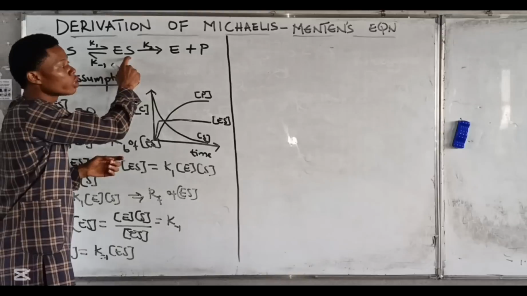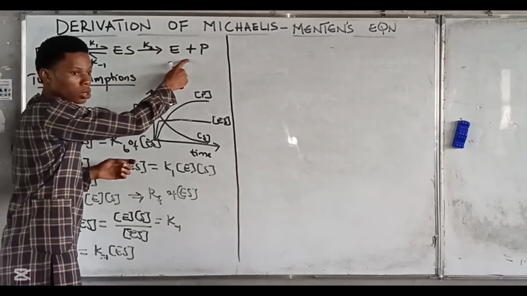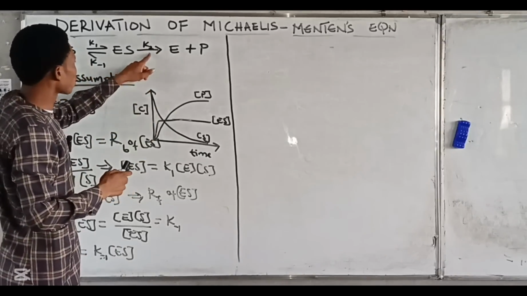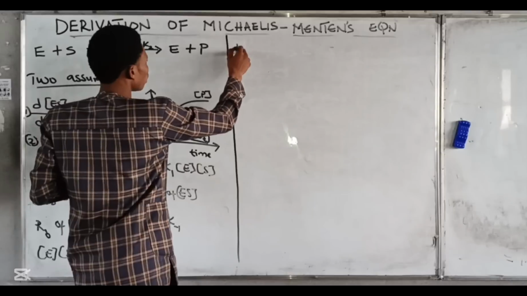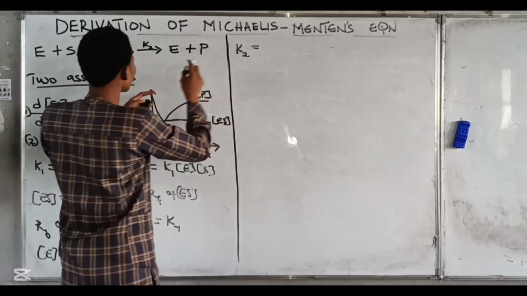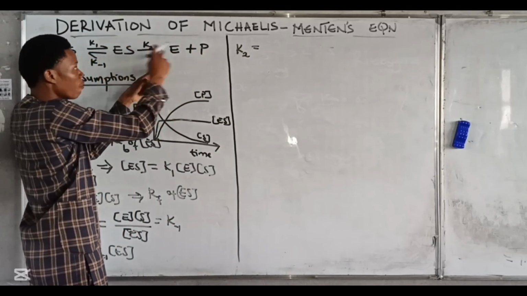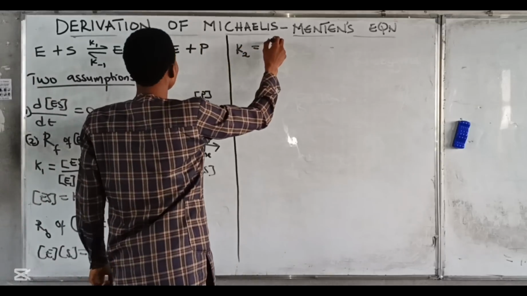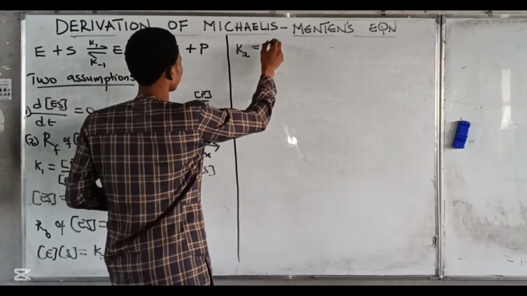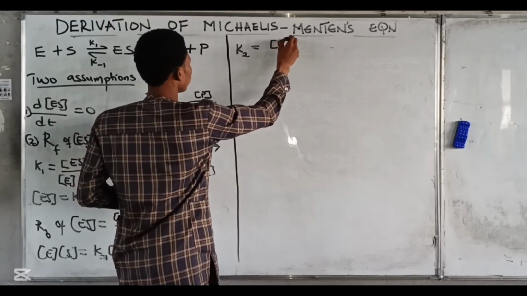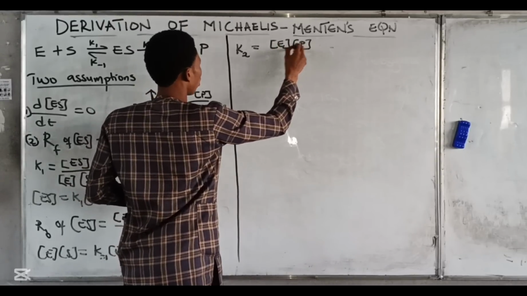So ES can be broken down also to give enzyme and products. So if I'm to write the kinetic constant here, K2, how will I express it? K2 is what? Concentration of product all over concentration of reactant, right? This is a forward reaction. So I'll be having concentration of this all over what?